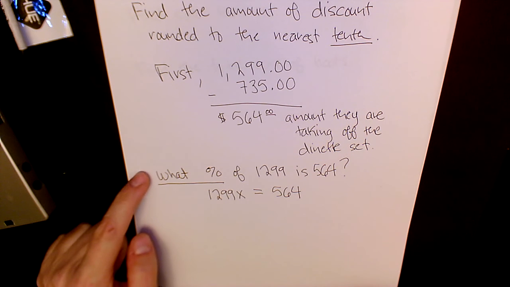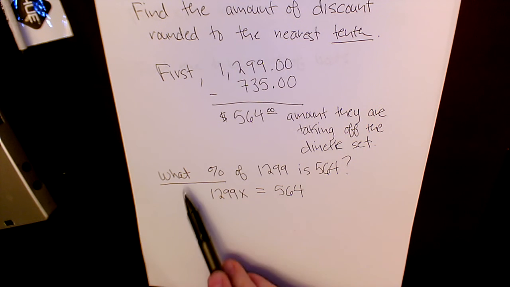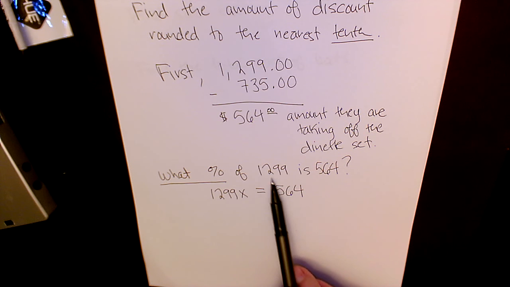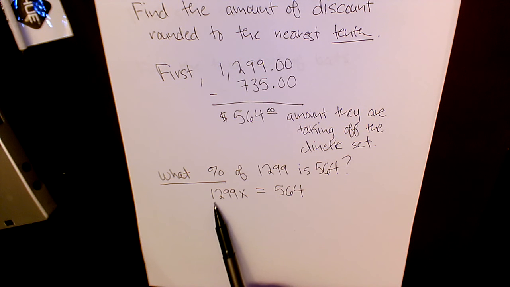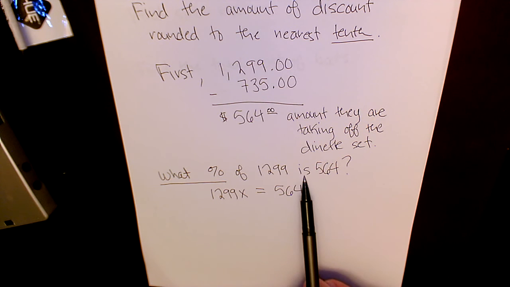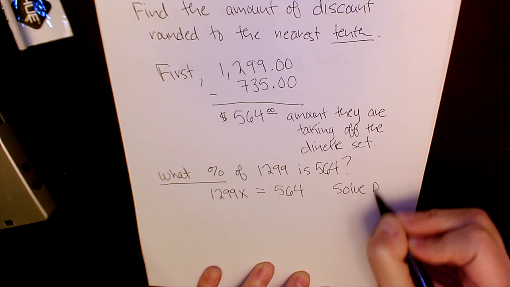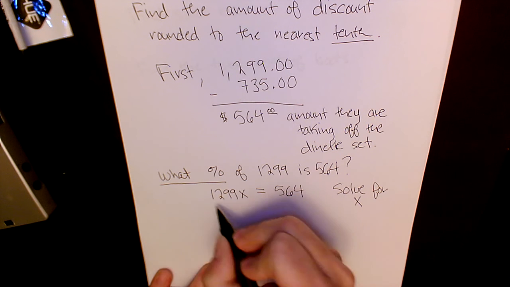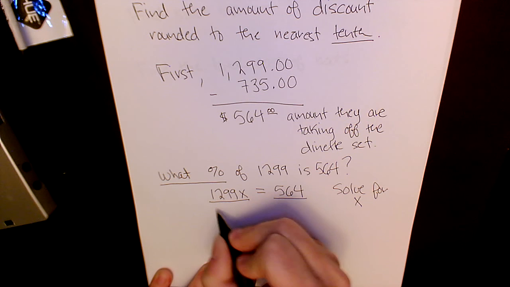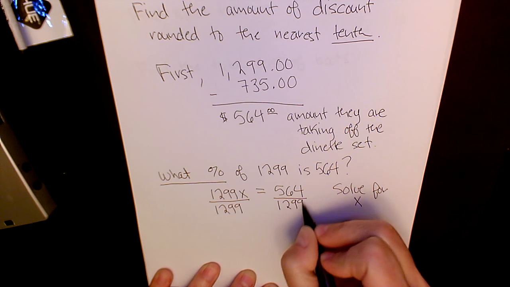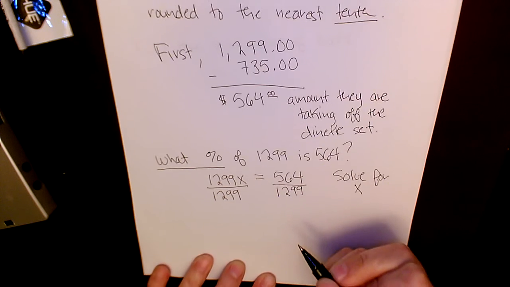Here's how I translate that into math. So now I want to solve for X, and I'm going to divide both sides by 1299 to get X alone.